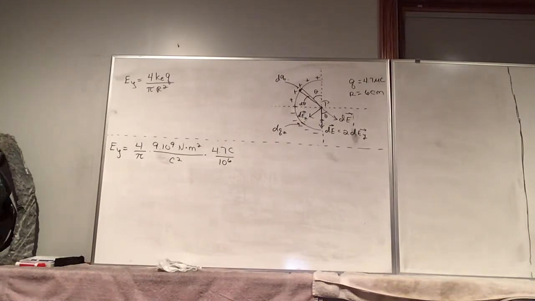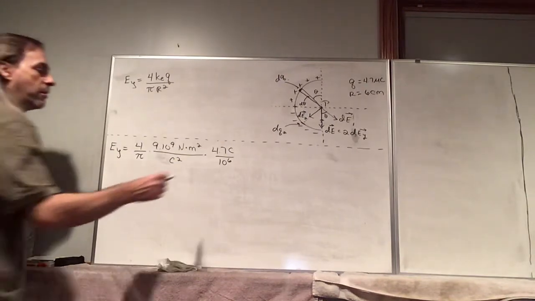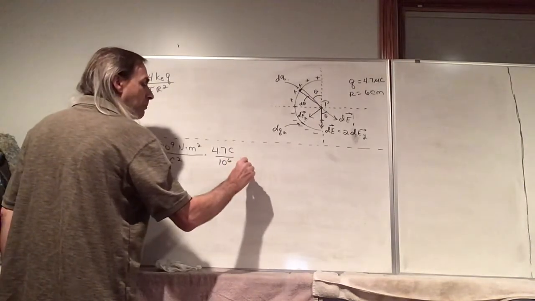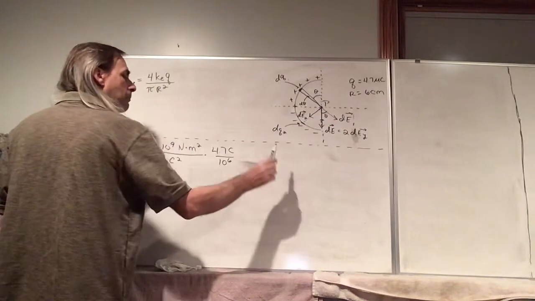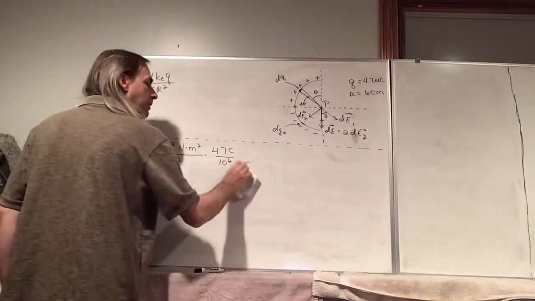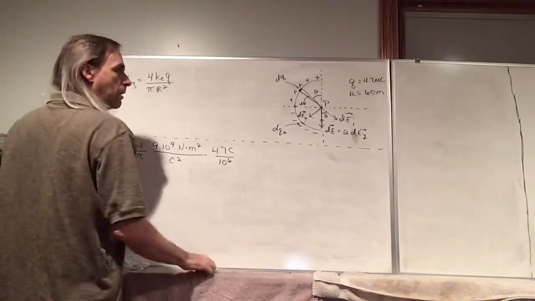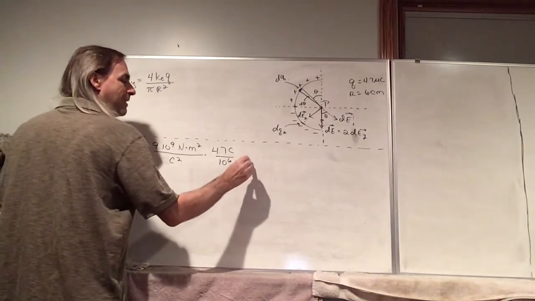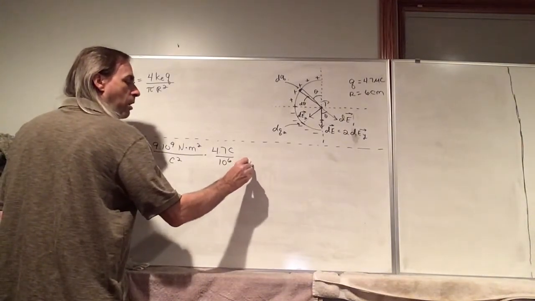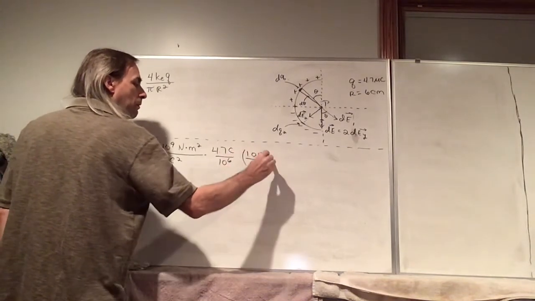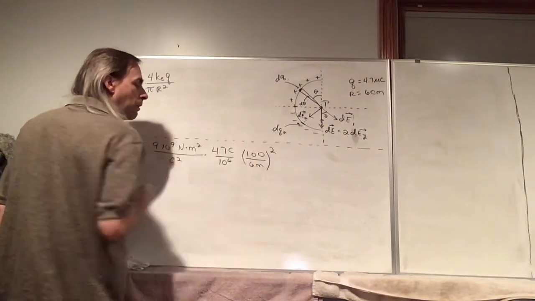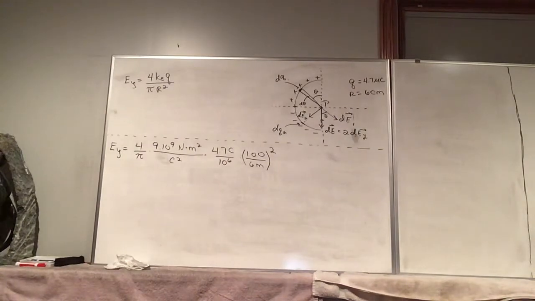And then we divide by r squared, that would be 36 centimeters squared. Now let's write it a little more compactly. So 6 centimeters, that's 6 meters over 100, and then we can square it instead of having to write out another conversion factor and square that.